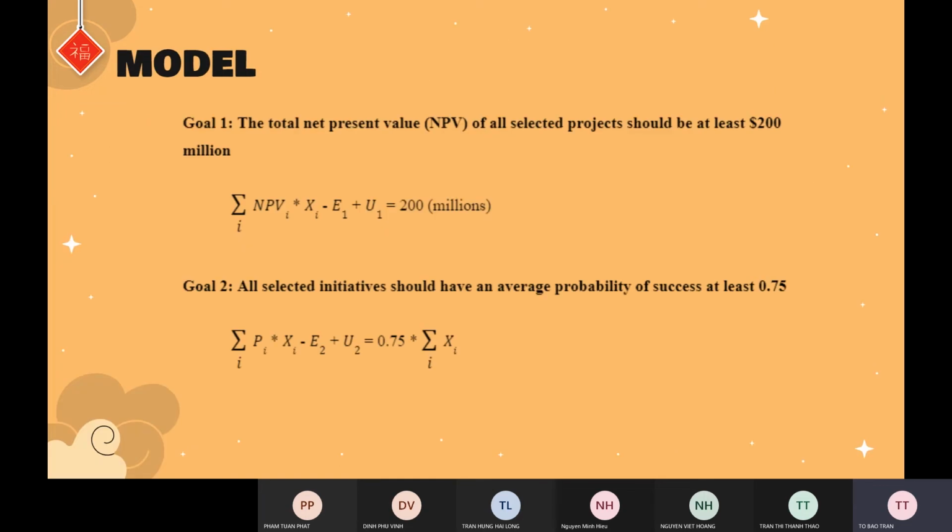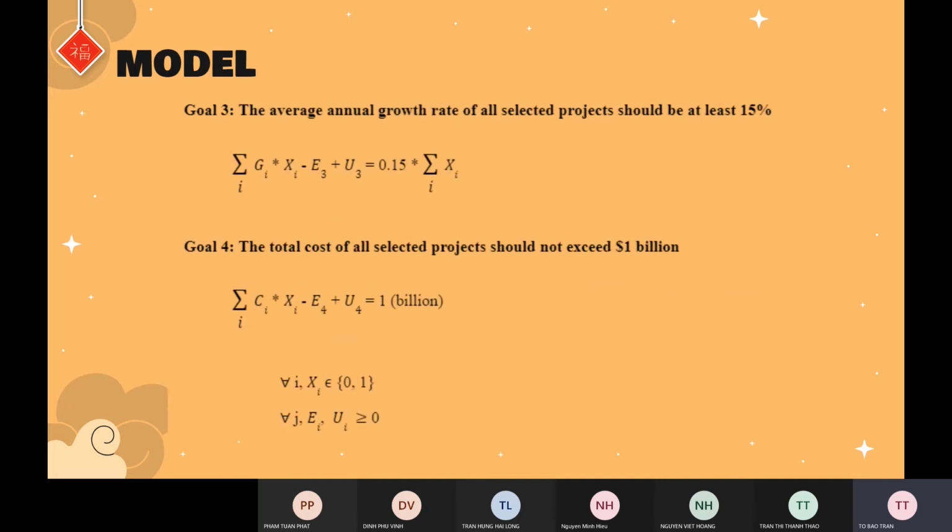The soft constraint for Goal 1 is that the total net present value of all selected projects should be at least $200 million, and this is the formula. Goal 2 is that all selected initiatives should have an average probability of success of at least 0.75. Goal 3 is that the average annual growth rate of all selected projects should be at least 50%. And finally, Goal 4 is that the total cost of all selected projects should not exceed $1 billion.